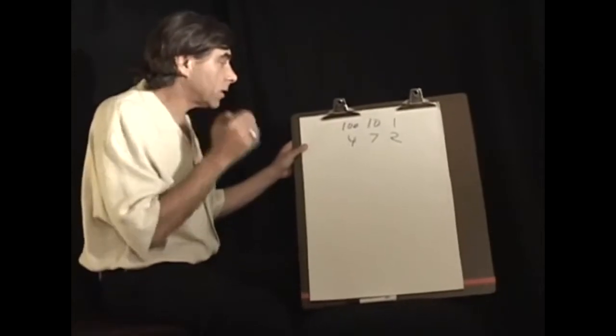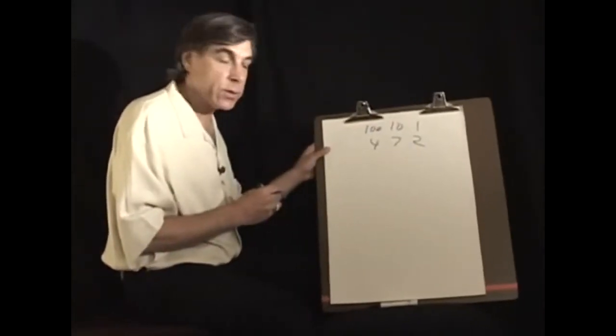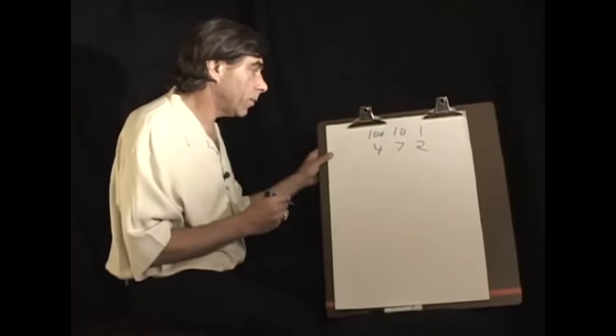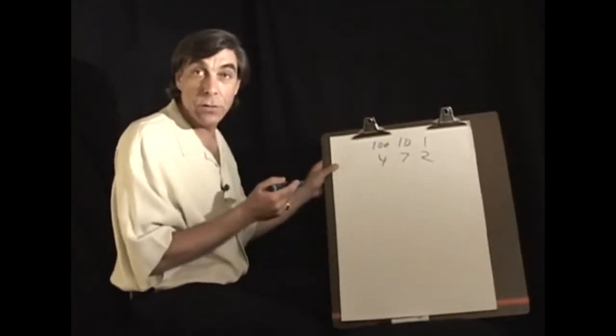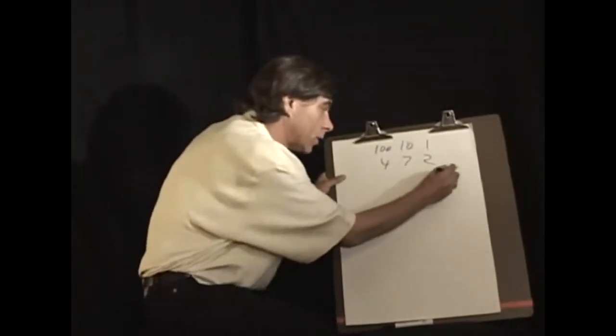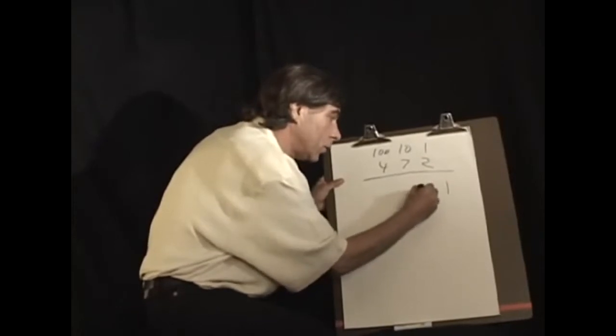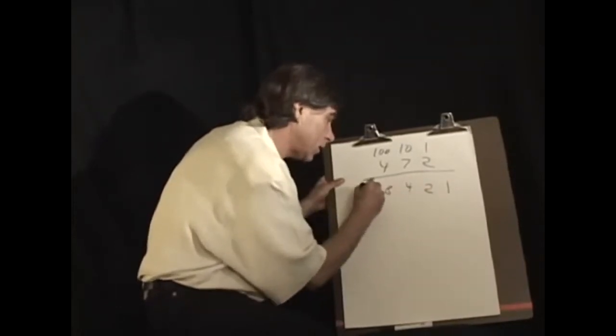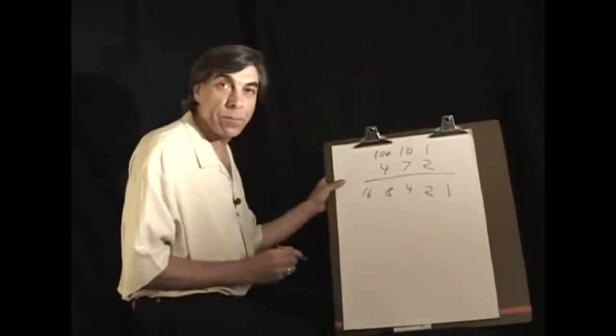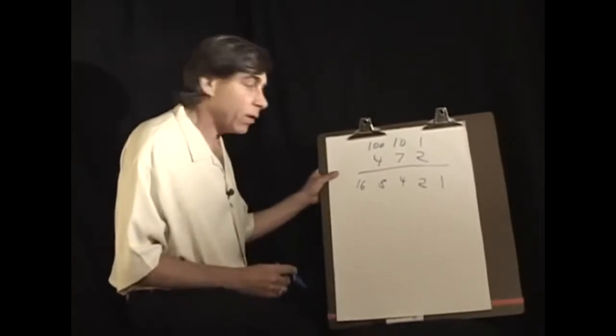But the way that this occurs in modern computers is not place 10 value, but place 2 value. So their powers are 1s, 2s, 4s, 8s, 16s, and so forth.